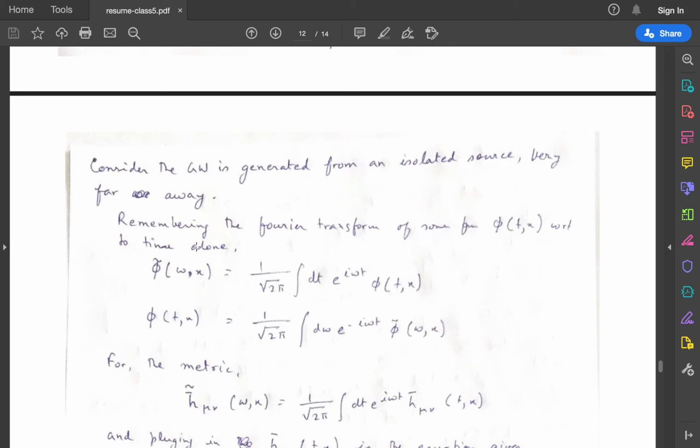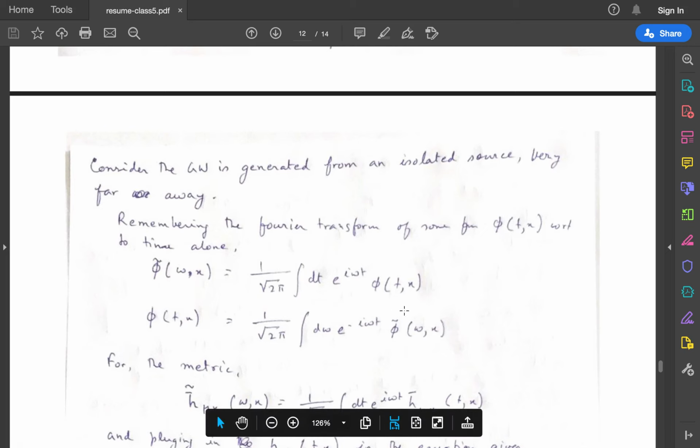The Fourier transform is denoted by φ̃(ω), where ω is the frequency. It is given by 1 over root 2π times the integral of dt e^{iωt} φ(t,x), and φ(t,x) can also be written in terms of φ̃ in this form, where the integration is over the frequency ω.